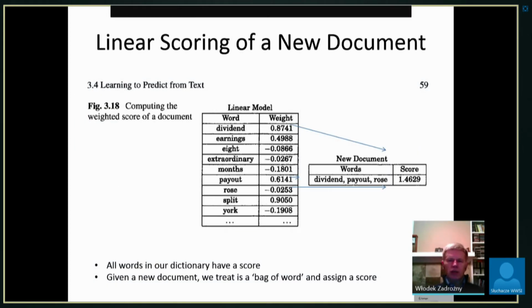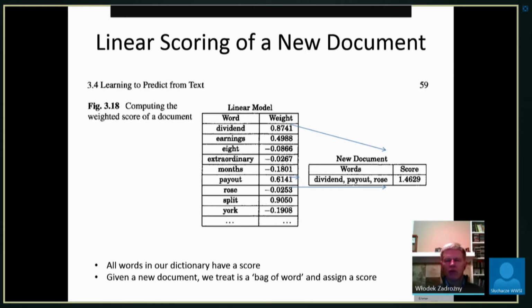So what does it give us? With this model, if we want to predict whether the document is in a given class, we can say that the class has a certain score, and if the score is above, say, 1, then the document should be classified as the given class.